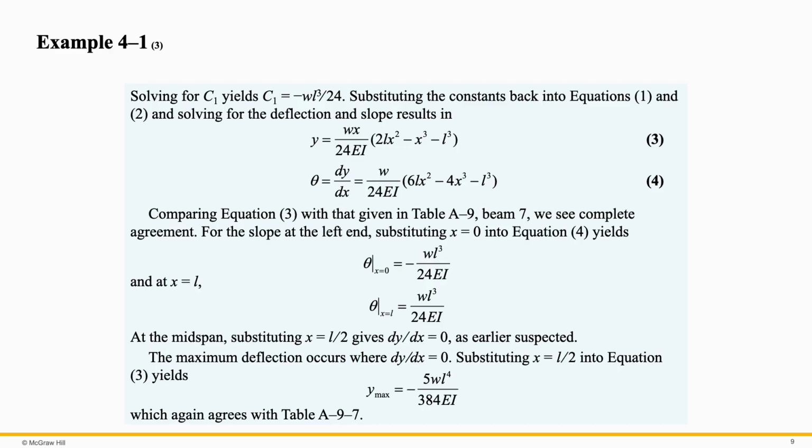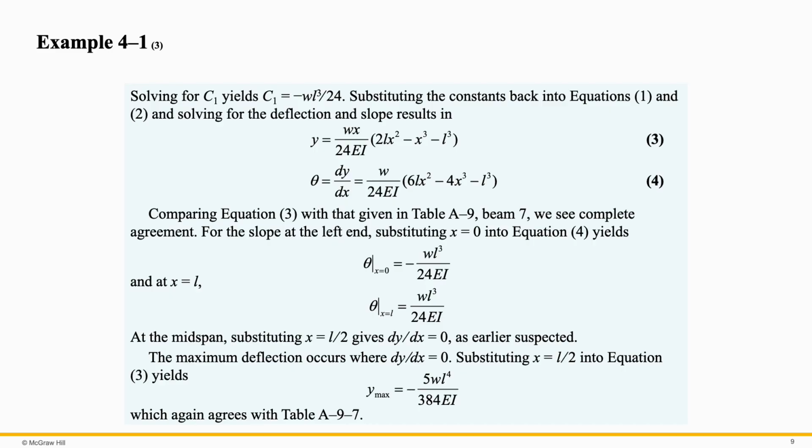If the deflection is maximum, this means that the slope must be equal to 0. For this reason, you can substitute x equals L over 2 into your slope function, and as you can see, it is equal to 0 as we have earlier suspected.